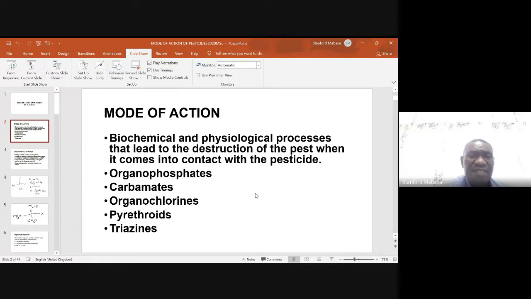We are going to consider the following pesticides: organophosphates, carbamates, organochlorines, pyrethroids, and the triazines.